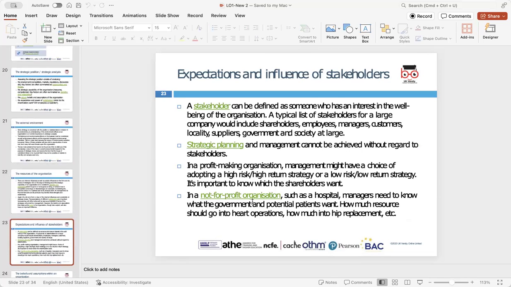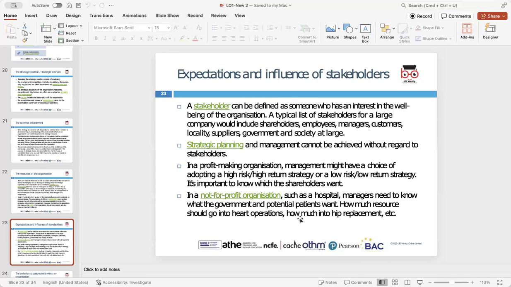Expectations and influence of stakeholders. Stakeholders are individuals or groups with an interest in the organization's well-being. For a large company, typical stakeholders include shareholders, employees, managers, customers, local communities, suppliers, and government and society at large.